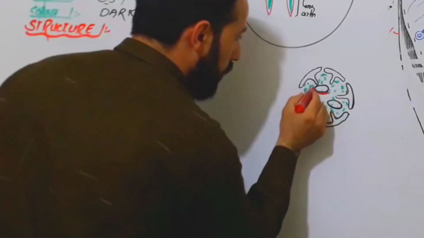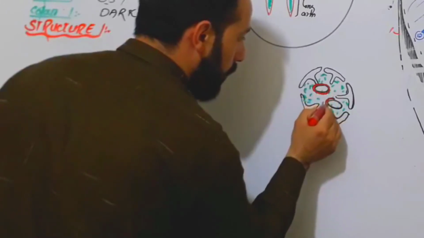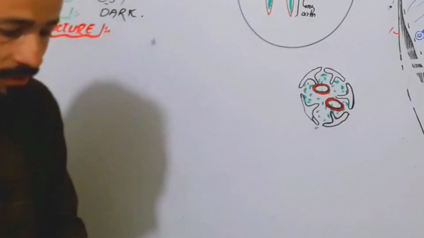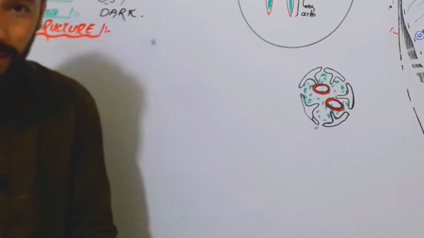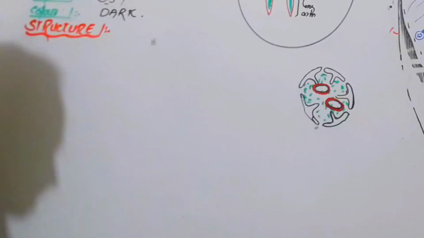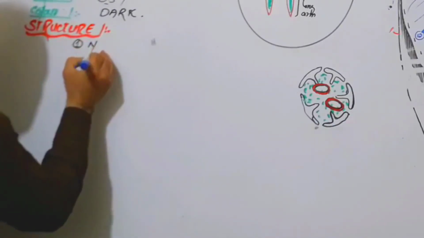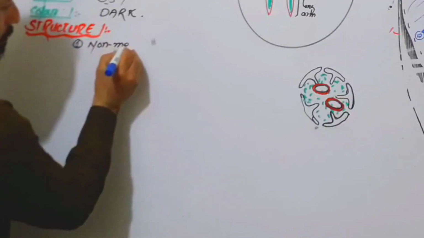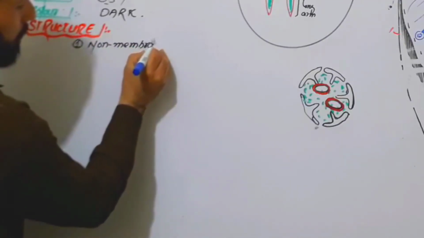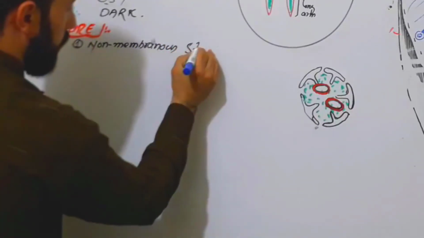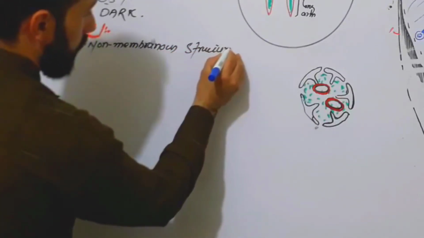So the nucleolus is composed of three important regions. First of all, let me write here that the nucleolus is a non-membranous structure. It means that it is not surrounded by a membrane.